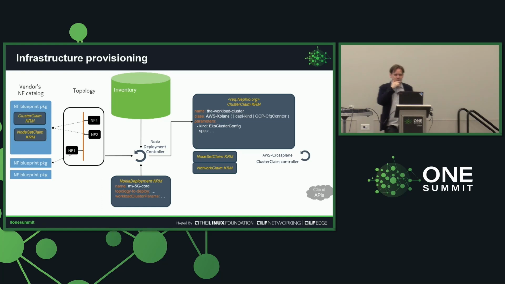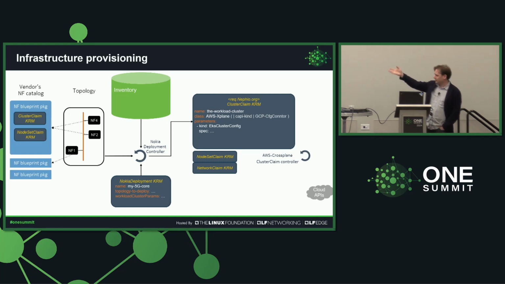Class field is used exactly the same way how storage class is used with PVCs, or ingress class is used with ingress, or the recently introduced gateway API uses classes and claims and classes and providers. So it's a well-known pattern in Kubernetes that I'm trying to apply here.